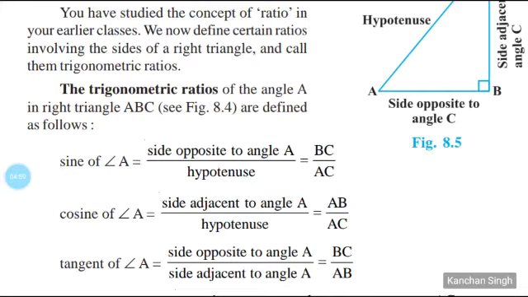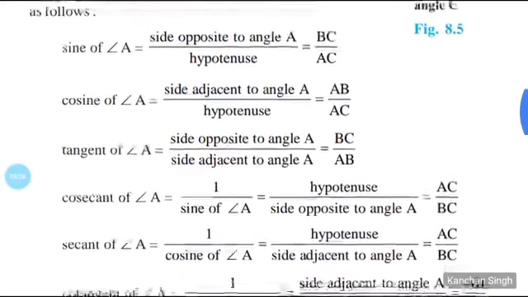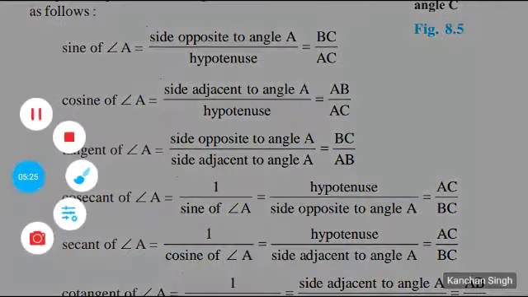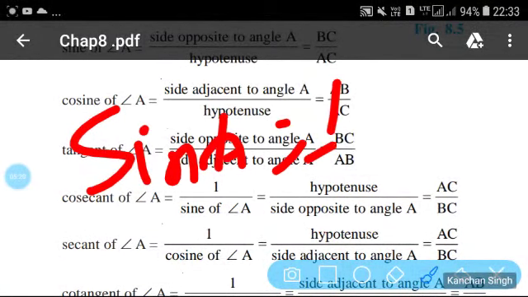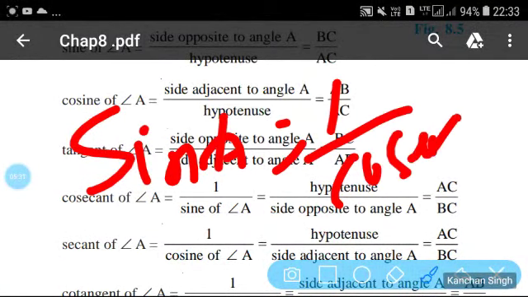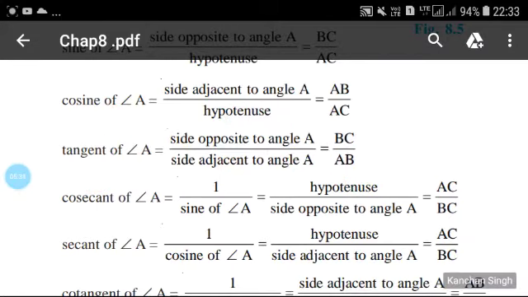If sine of angle A is opposite side by hypotenuse, then cosec of angle A will be the reciprocal, 1 by sine of angle A. So cosec A is equal to 1 by sine A, or sine A is equal to 1 by cosec A. This you have to remember.